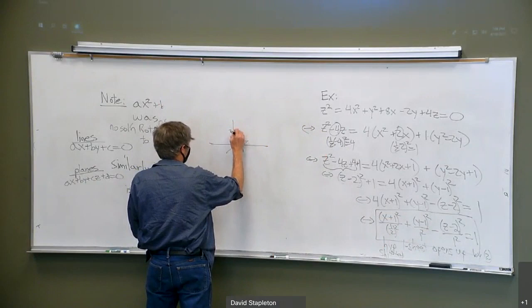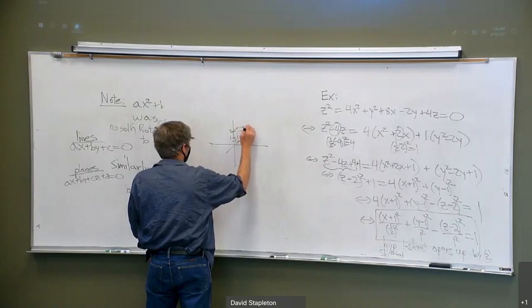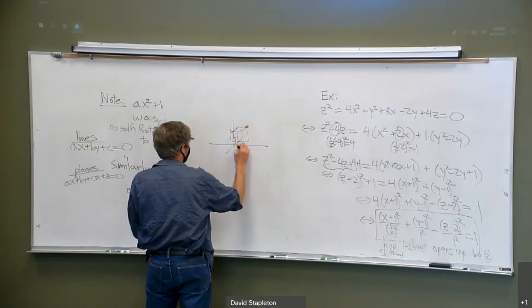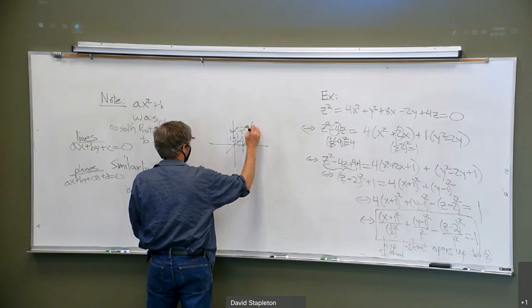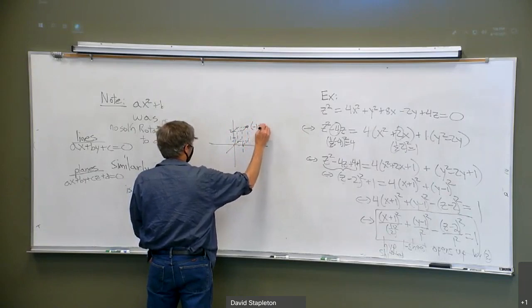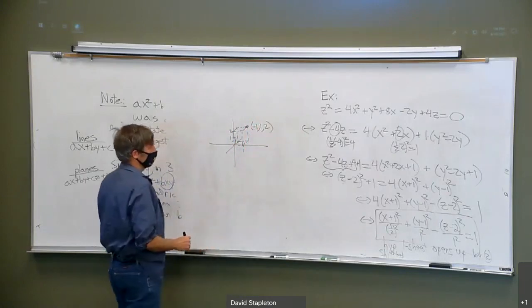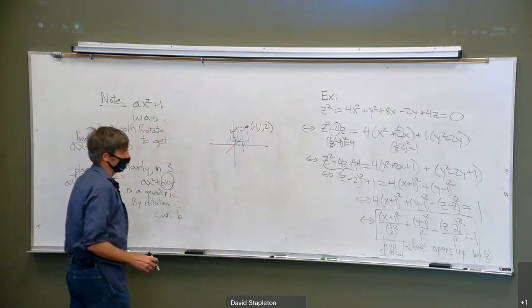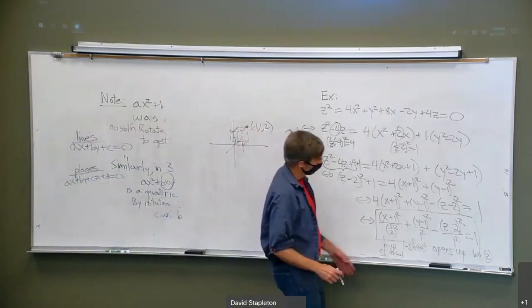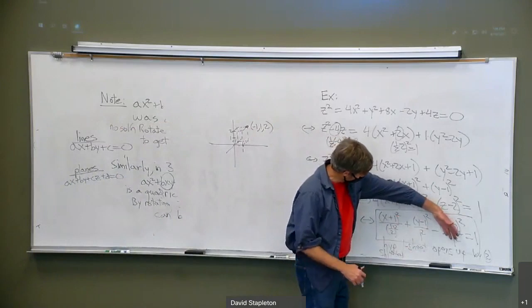So I'll draw this rectangular box. This point at the far corner of the rectangular box will be the point (-1, 1, 2). That's the center of the hyperboloid. Now I can see its equator when I put the center on here.